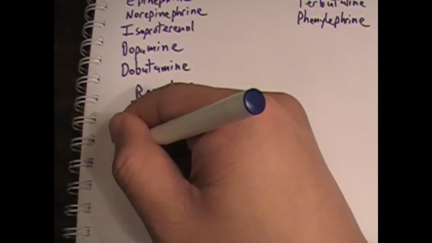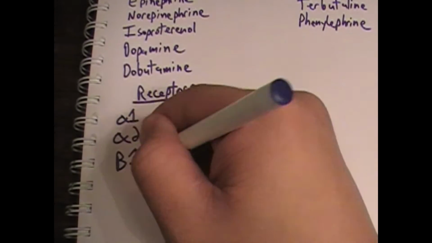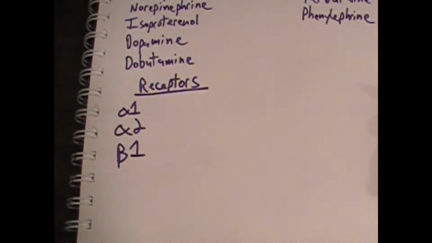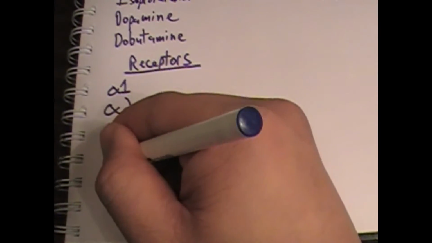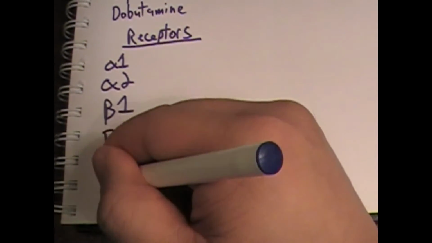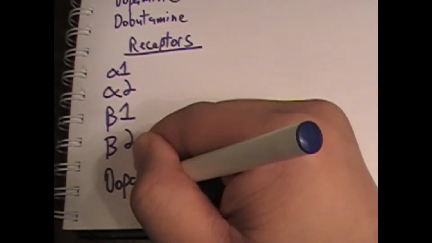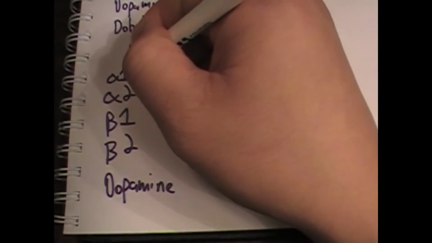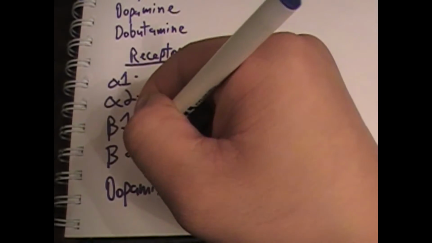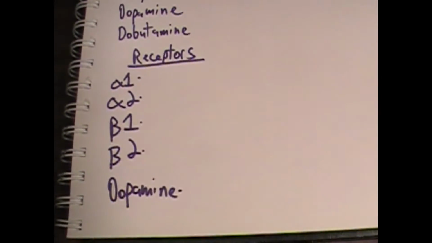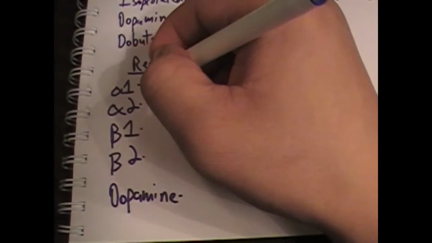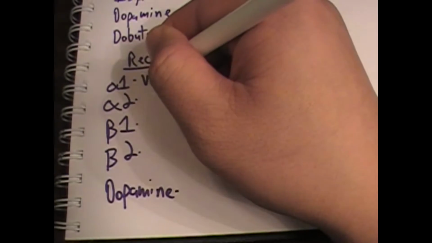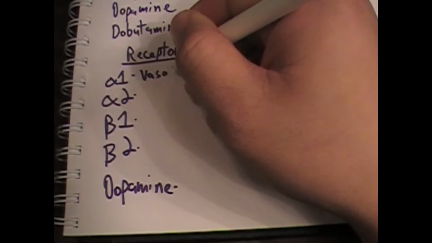So in terms of the receptors, we have alpha 1, alpha 2, beta 1, beta 2, and then we also have dopamine. It's the name of a medication and one of the receptors. So we're just going to break it down by what happens when each receptor is agonized.